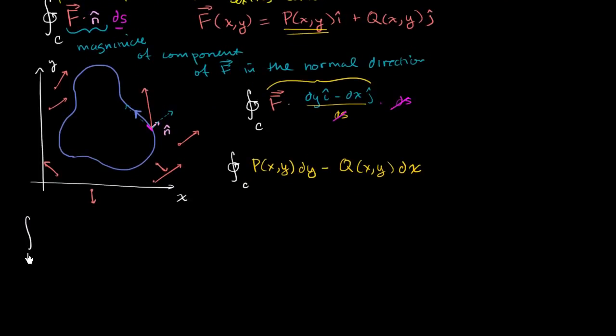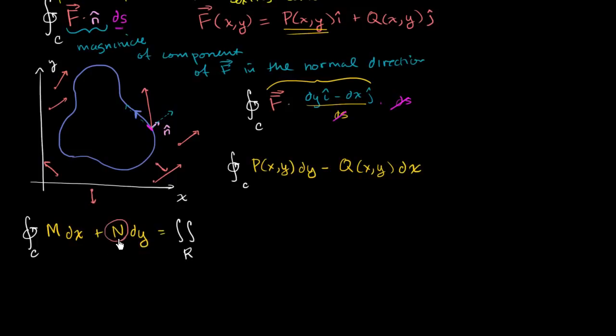When we learned about Green's theorem, it told us if we're taking a line integral over this contour, and there are multiple ways to write it, but one way that we often see it, and we've explored it already in our videos, is if we have M times dx plus N times dy, and I'm just restating Green's theorem right over here, this is equal to the double integral over the region that this contour surrounds of, whatever function you have here times dy, you take the partial of that with respect to x.